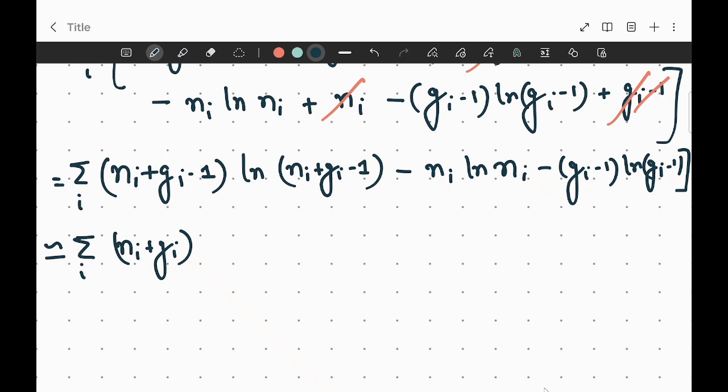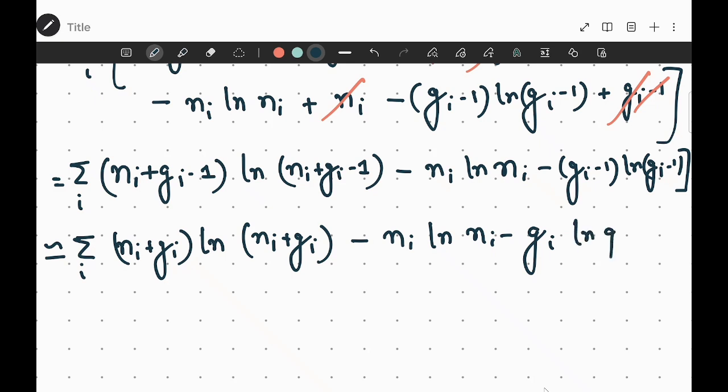How huge, I'll say in the next class, but ni and gi are of a high power of 10. Even if it is 10 to the power 3, it is ignorable. Then you can directly write it like this. I have just ignored that one compared to the other parts.